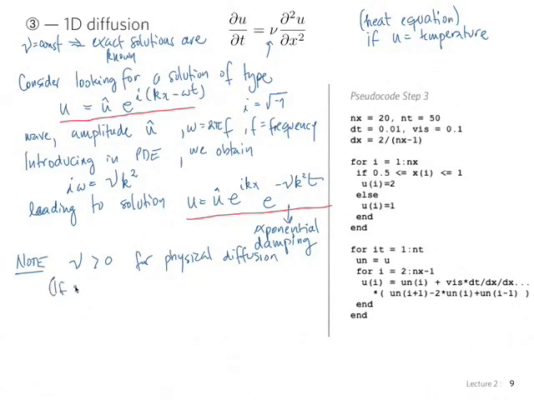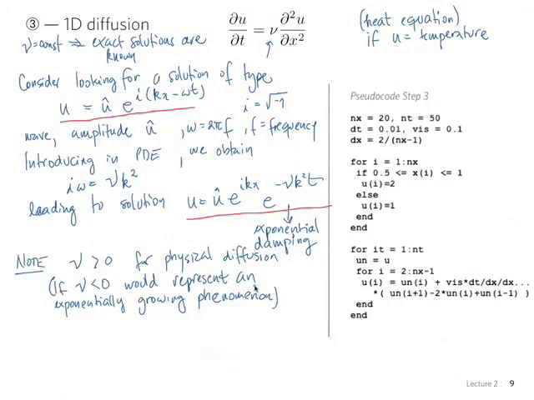If nu were less than 0, a negative value of the diffusion coefficient nu would represent an exponentially growing phenomenon. For example, an explosion.